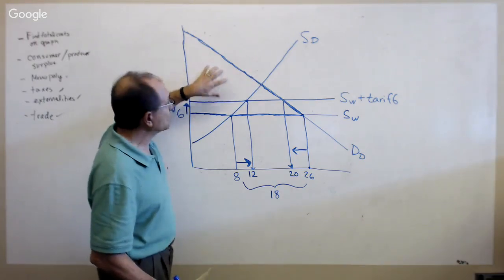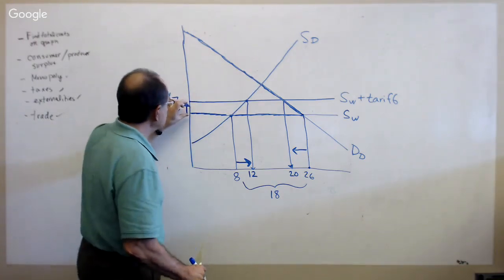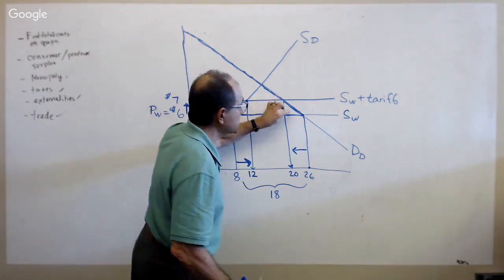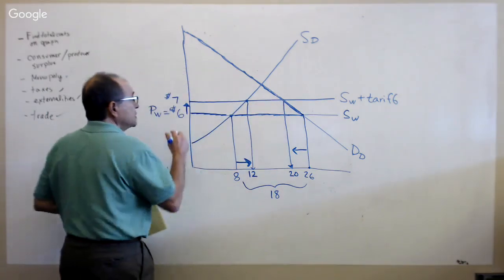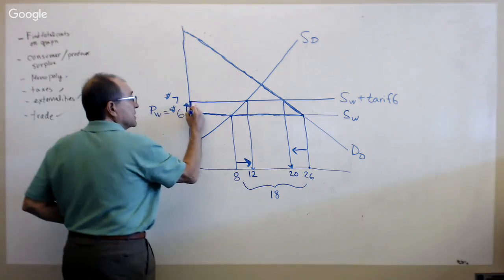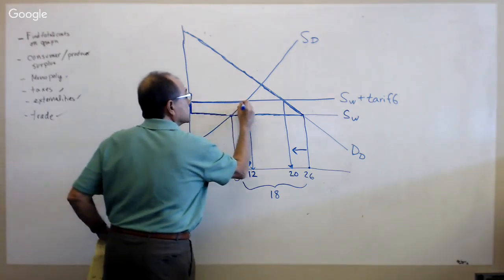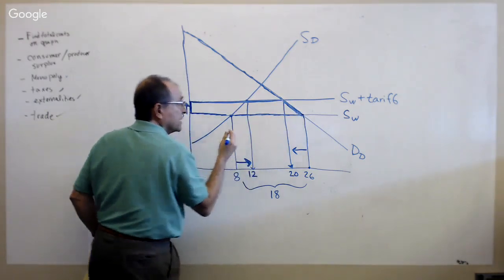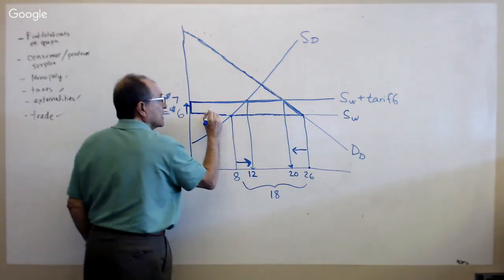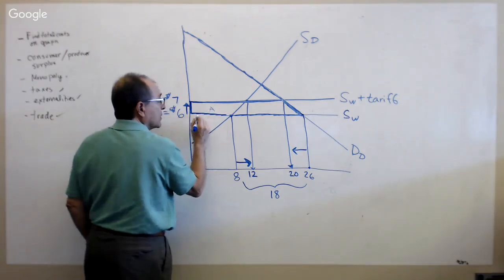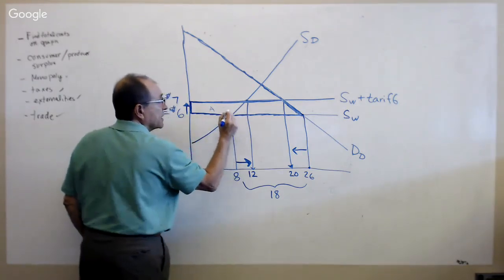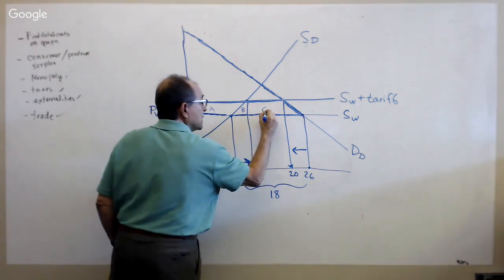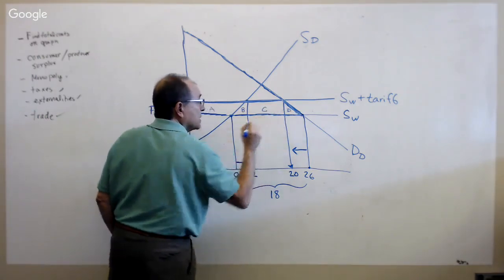So in effect, what consumers have lost is this rectangular strip plus this triangle. So consumers, as a result of the tariff, have lost this area. And I think I'll just go ahead and put letter A to represent this area. I'll put B here, C here, and D. Okay.